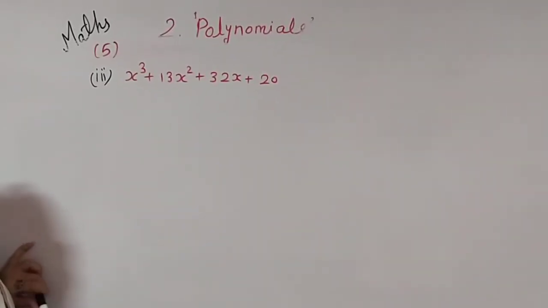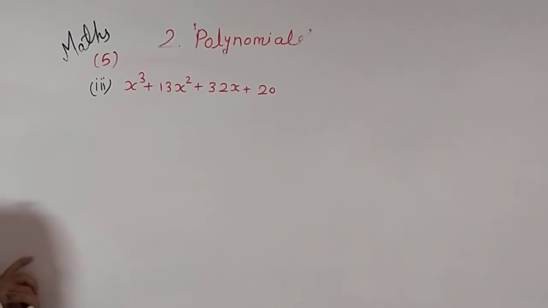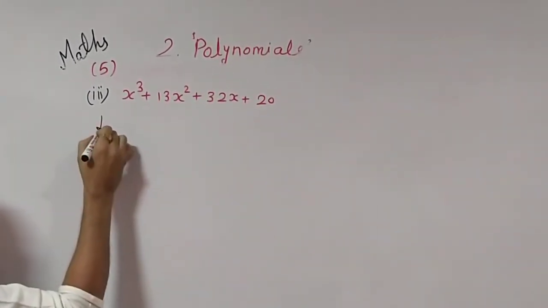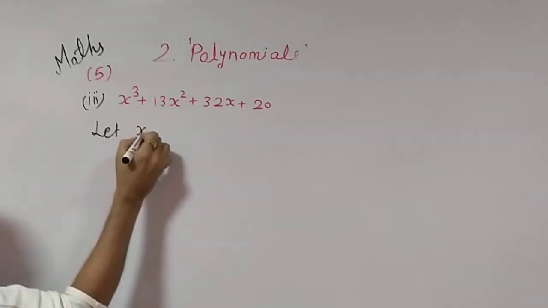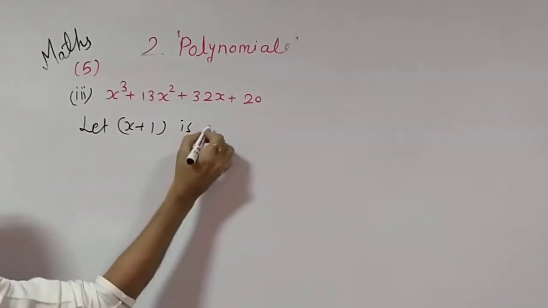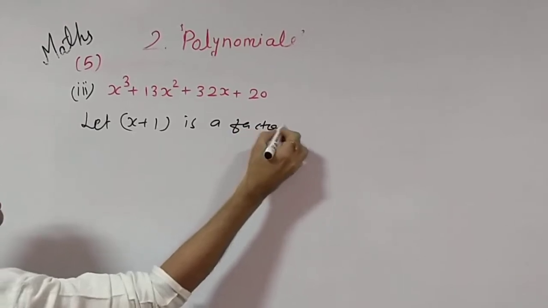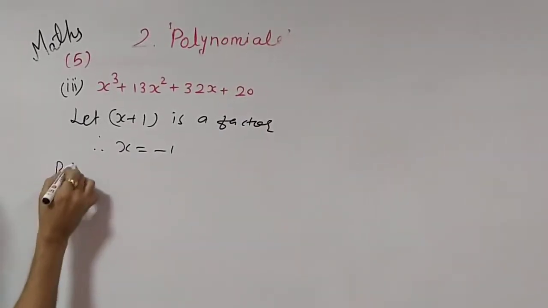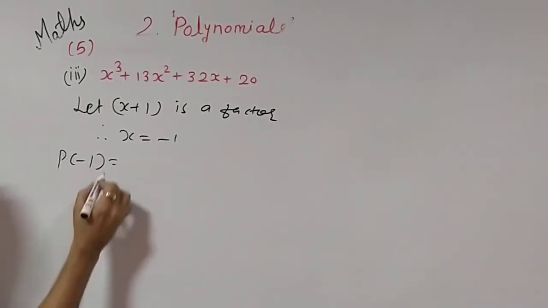Now the third sum of it, again factorize this. Again let x plus 1 be a factor, therefore x is equal to minus 1. Find p of minus 1, the remainder.